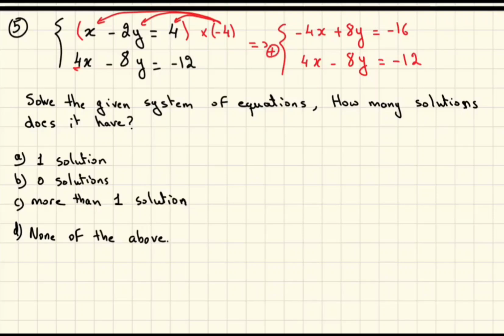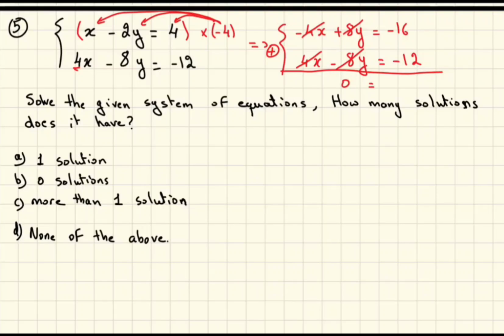Now let's add these two equations to check what will happen after we eliminate the x. Minus 4x plus 4x cancel out, and 8y plus -8y also cancel, so you get 0.